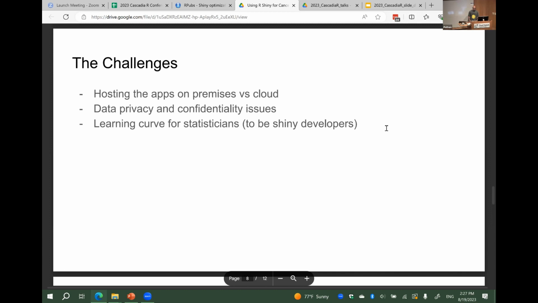We went back and forth for quite a while, and our IT wouldn't budge. They wouldn't support a Linux-based server. So we ended up deciding on cutting down the data, the way we will upload the data. We ended up using aggregated data instead of individual-level data, aggregating the data at the minimal level that we can use to create those dashboards.